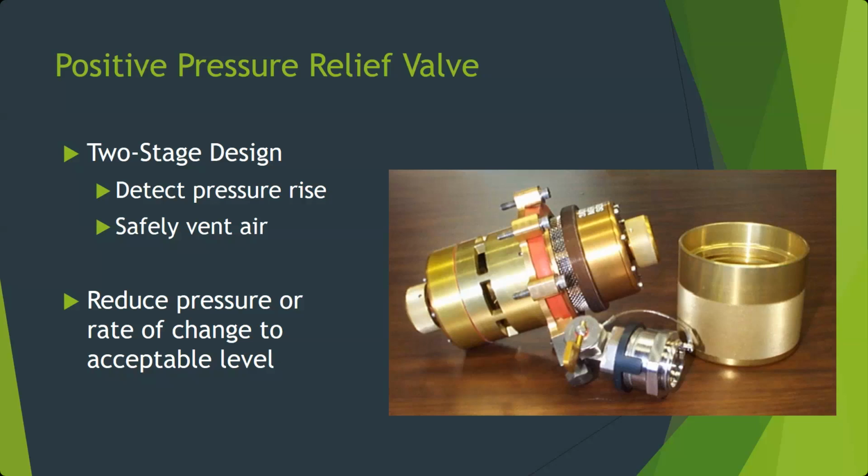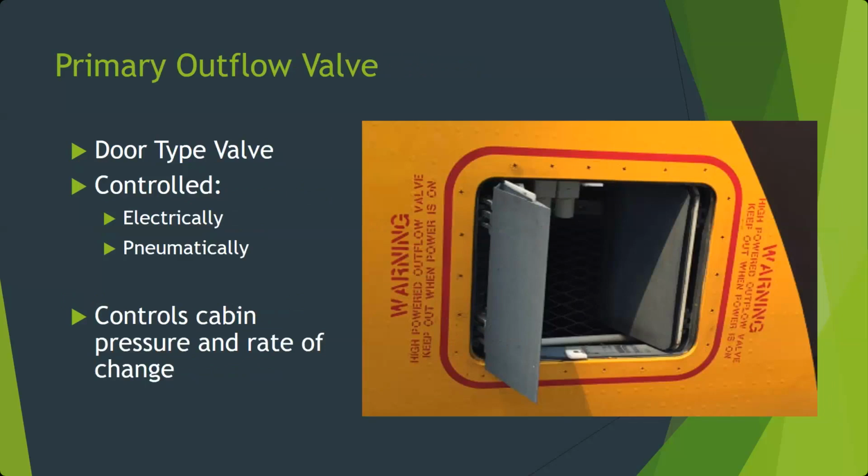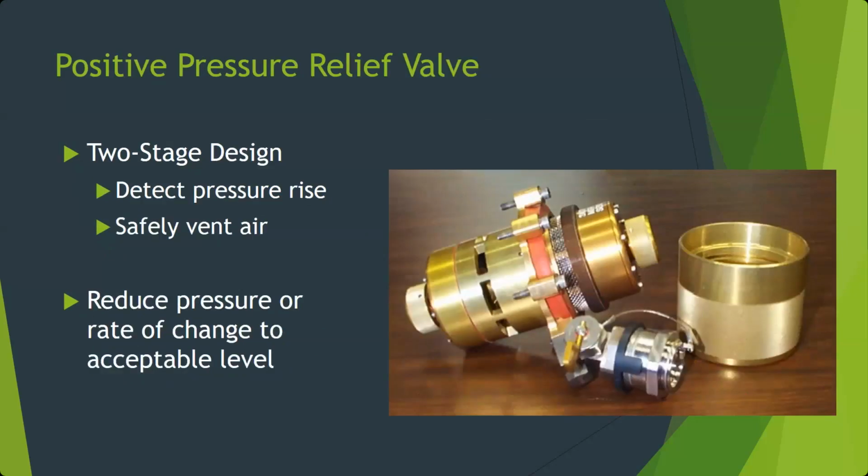So this is if the outflow valve here for some reason fails to operate like it should, the pressure relief valve is going to prevent the cabin pressure from exceeding that max delta P, that 8.8, 8.9 psi. And so it's going to vent if that's the case. The other thing it'll monitor is the pressure rise.